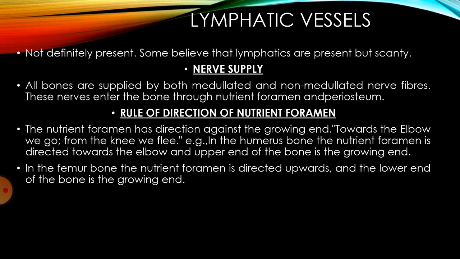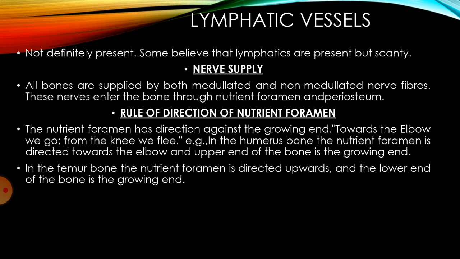Nerve supply. All bones are supplied by both myelinated and non-myelinated nerve fibers. When we talk about myelinated nerve fibers, that means the nerve fiber will be covered with the myelin sheath.